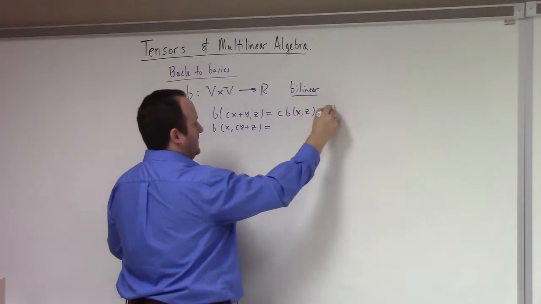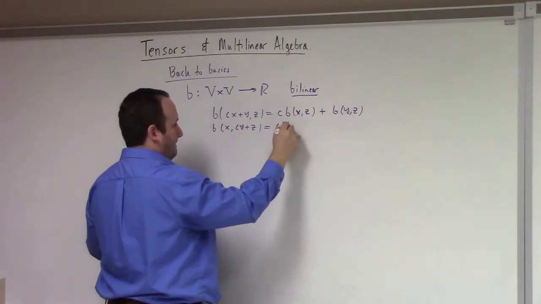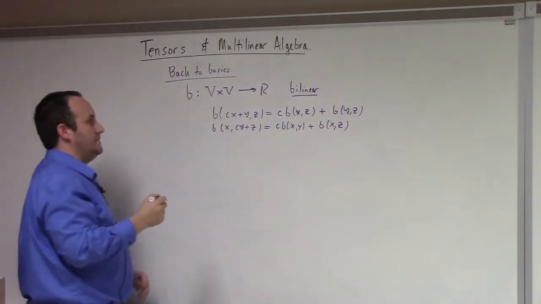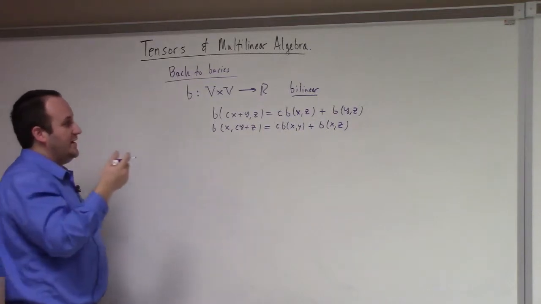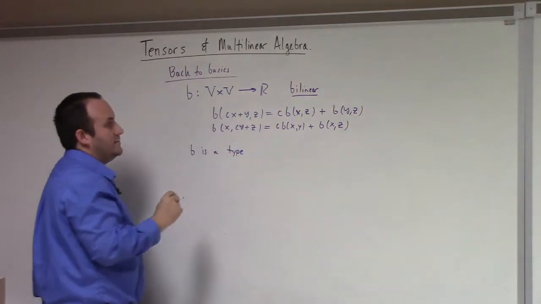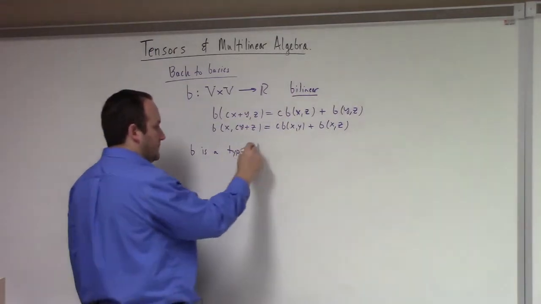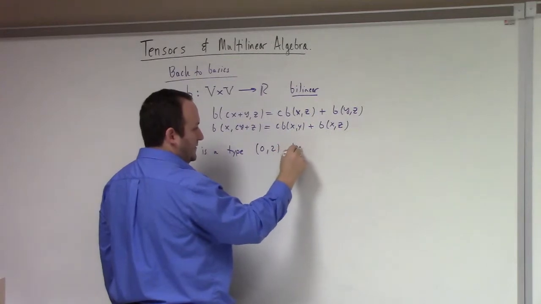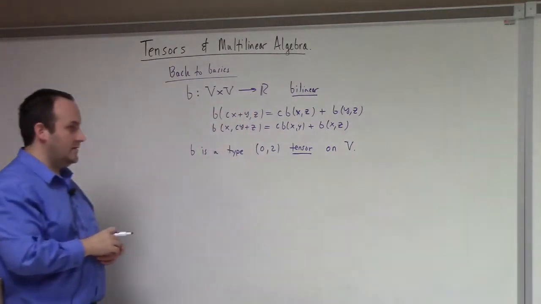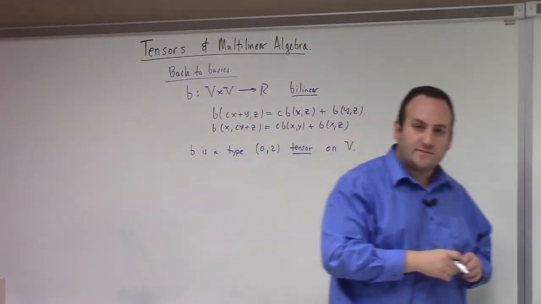Like that. So what I'm telling you now is that B is a type (0,2) tensor on V. I am now going to make the identification that tensors are multilinear maps.